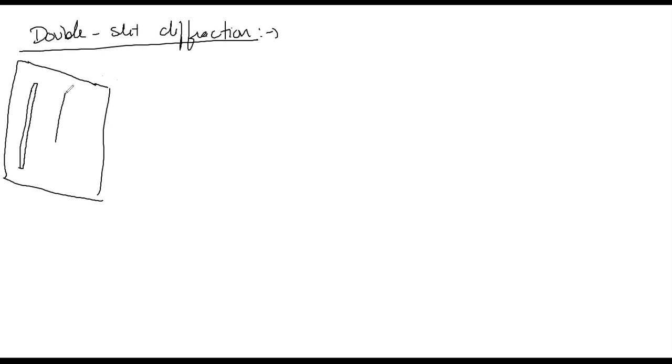And then you have a second slit also. Both of these slits are of finite width, and as we said in the single slit diffraction pattern also, the width of these slits is going to be B. So now also we are going to assume both of the slits are of the same size.